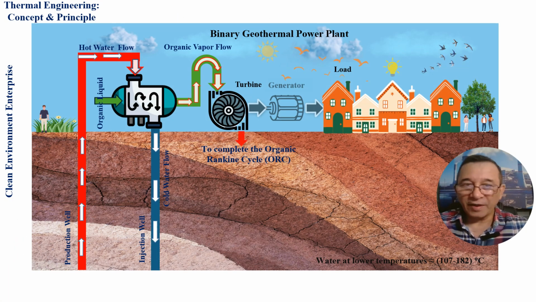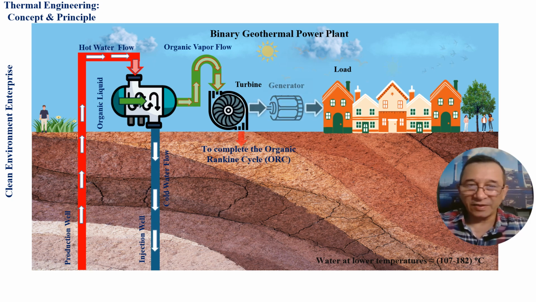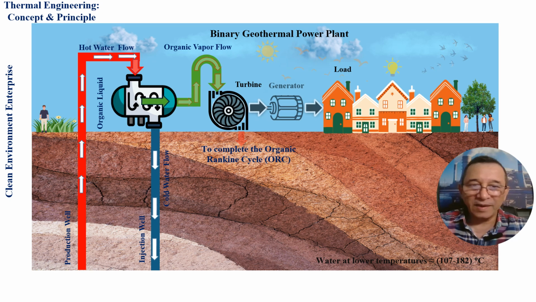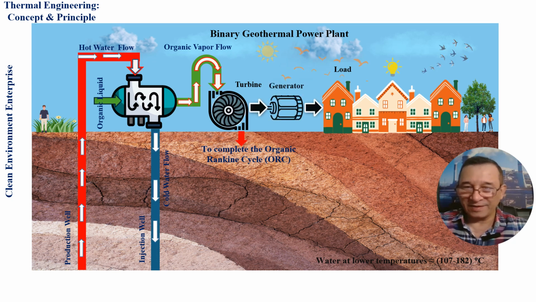The binary geothermal power plant, as its name describes, consists of two main circuits, where we need an intermediate cycle to extract energy from underground.